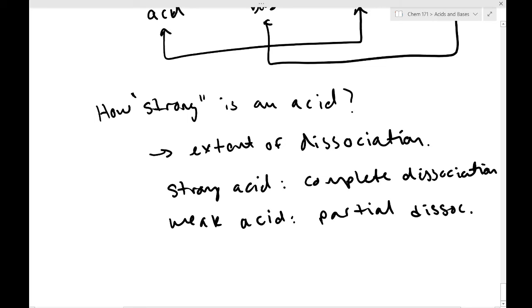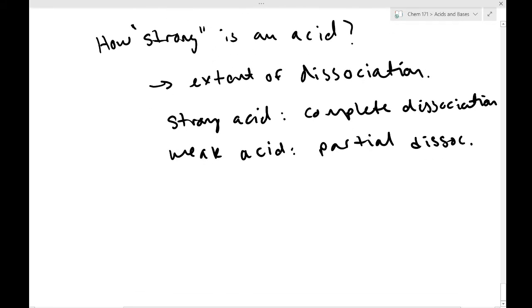And what do I mean by dissociation? I mean literally the breaking apart of the molecule that makes up the acid. For example, with HCl, the complete dissociation of HCl would be the H plus completely separating from all of the Cl minus that's present in the system. Let's represent a generic acid as HA.